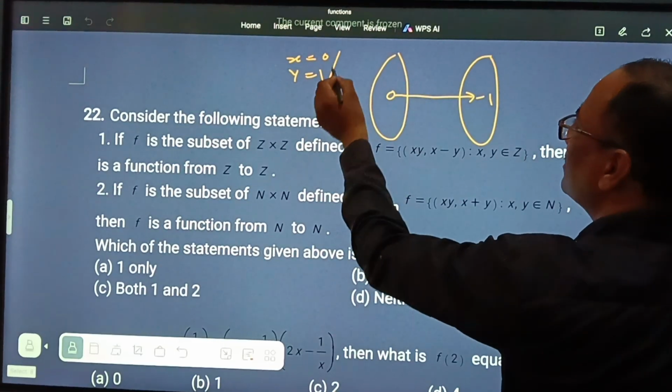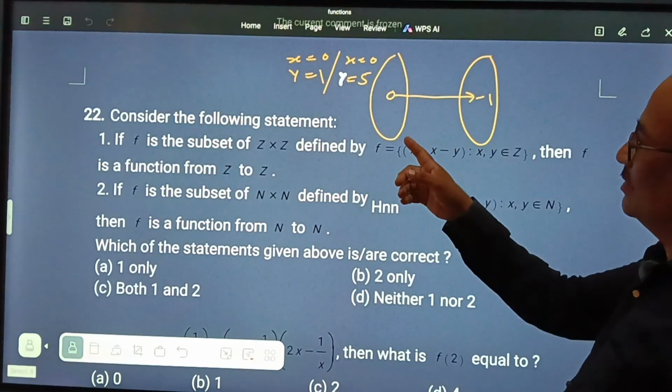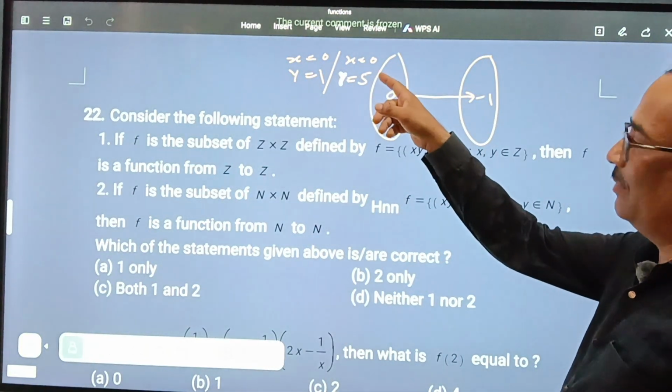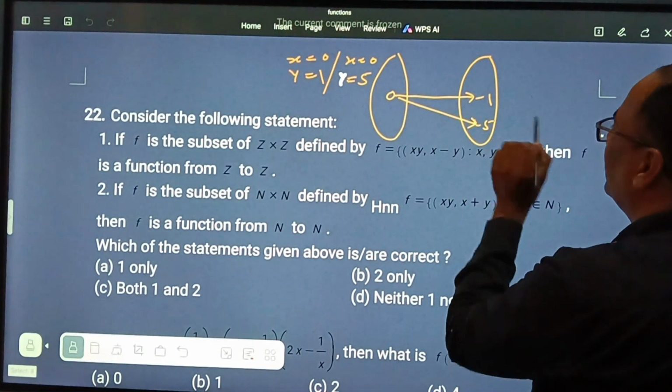But if we take x equal to 0 and y equal to 5, what do we get? This product is again 0, but its image is what? 0 minus 5, that is minus 5.